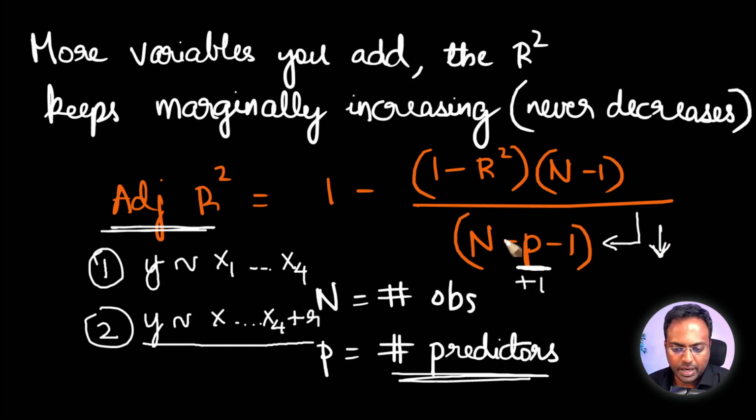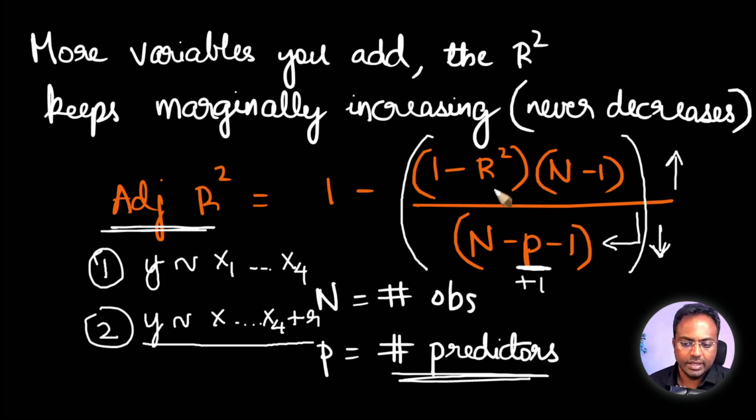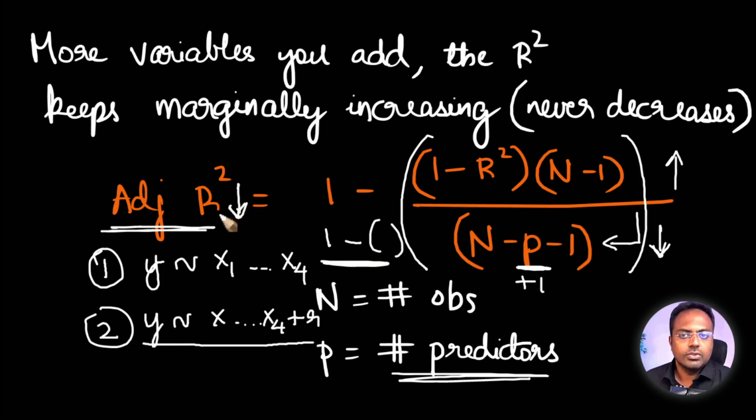If this part goes down, this entire term is going to increase. If this entire term is increasing, 1 minus this part will be a smaller value. So by introducing a new variable, the adjusted R square value will go down net. So that's why always look at adjusted R square when you're comparing models instead of R square.